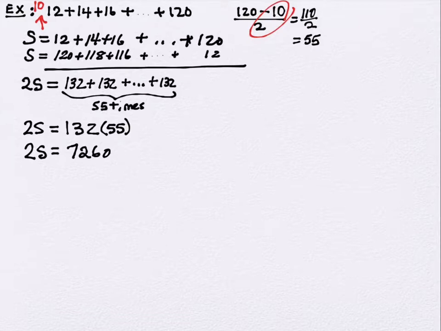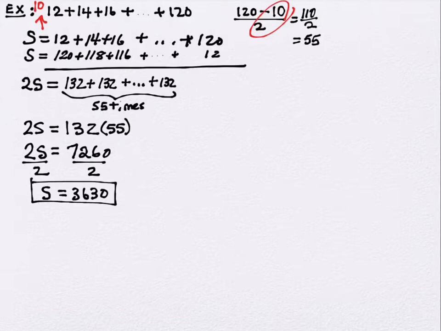And then what would we do? Divide by 2, because it's removing that double counting, right? All right, so what's 7,260 divided by 2? Yeah, 3,630. Okay. You'll have more opportunity to practice more of these in your homework and your group work.